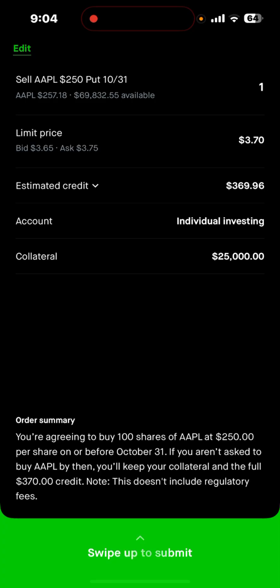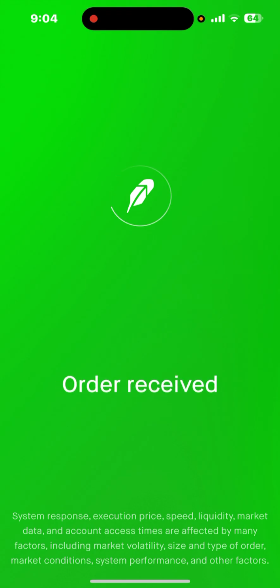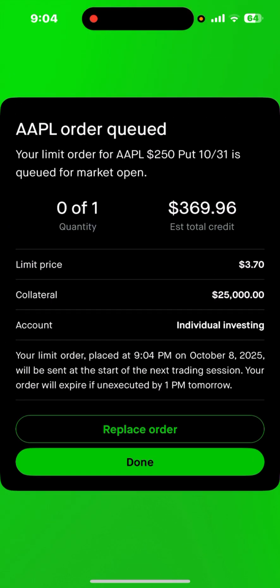So if you decide to sell this one, you automatically receive the premium of $369. If you swipe up right here, you see my order is in the queue right now.